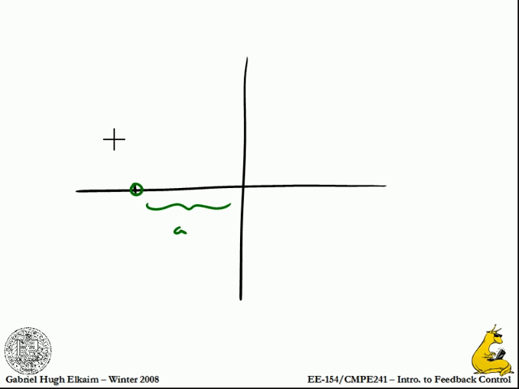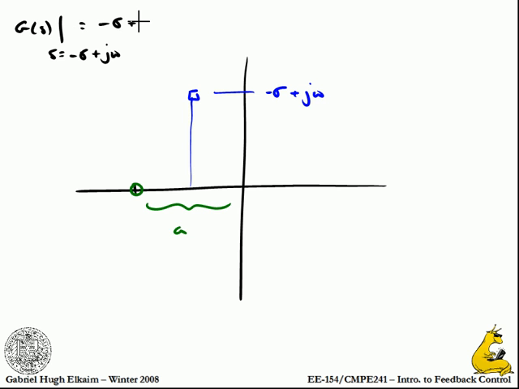Instead of being on the j omega axis, I'm going to slide to some point up here and evaluate this point. So now this is going to be at minus sigma plus j omega. So we're now looking for G of s evaluated at s equals minus sigma plus j omega, which is equal to minus sigma plus j omega plus a.